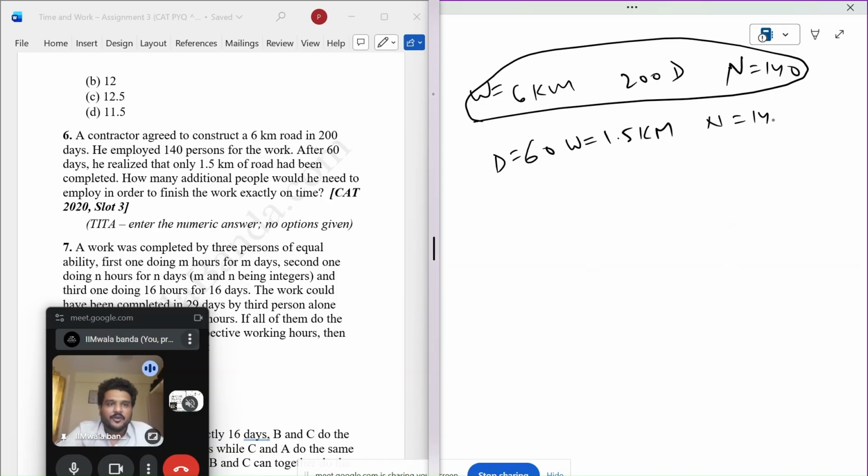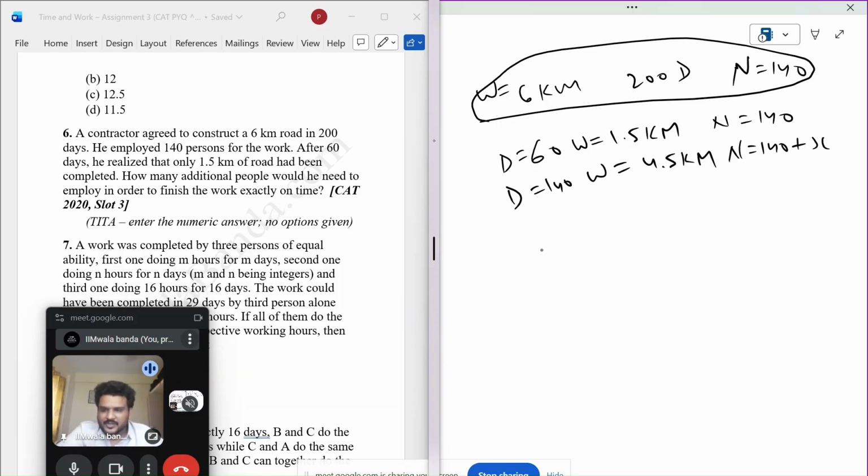So with 140 people, he was able to do 1.5 work, and we need to find the extra number of people required to complete the remaining work, which will be 4.5 kilometers. And he has how many days target now? 140 days. So this is a very classic problem, and the fastest way to do it is to see how the days get affected by different factors.